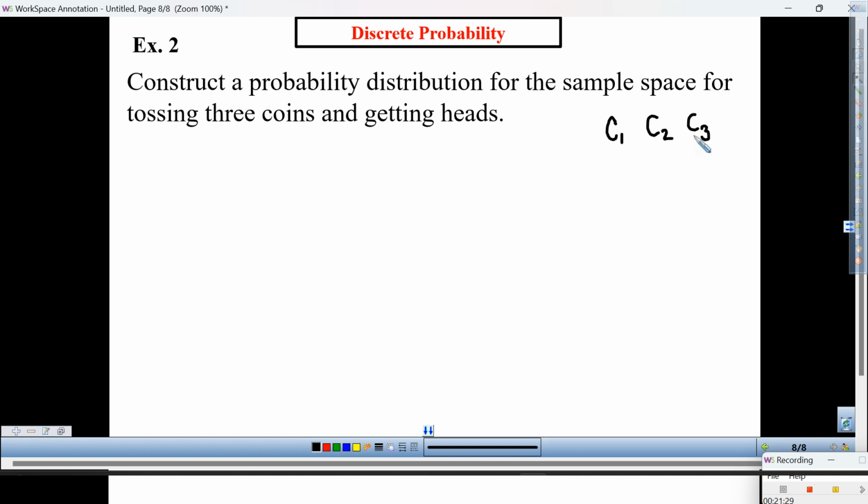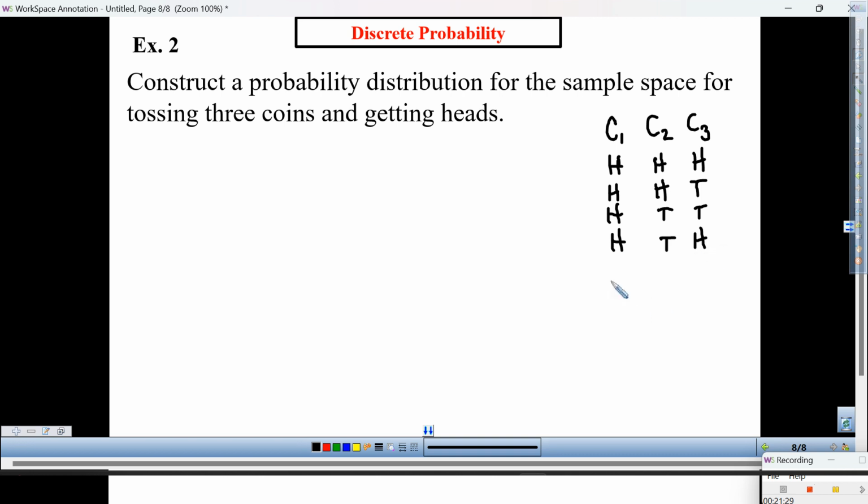So, let's say the first coin falls heads, the second one heads, and the third one heads. What's the next option? Heads, what? Heads, tails. Next, heads, tails, tails. And the next one, heads, tail, heads.